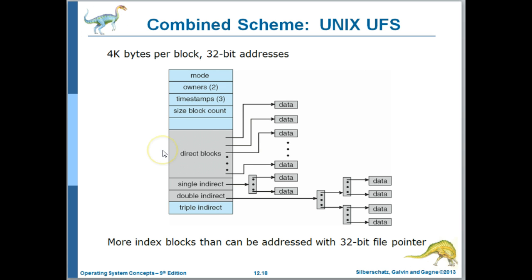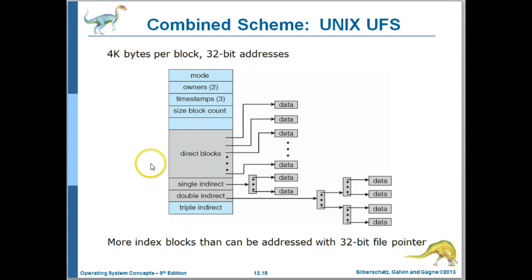Then after the direct block pointers, there's a single indirect pointer, which you can see is a two-level index table for even larger files, and there's a double indirect pointer. Let me go back.